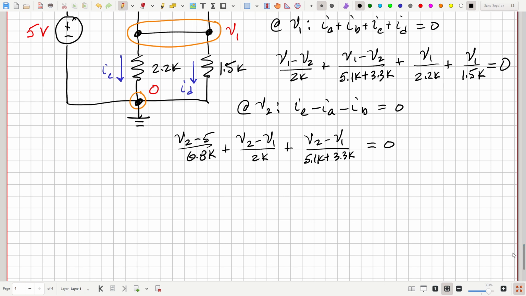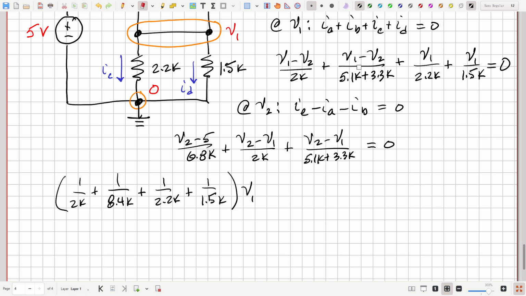All right, so now let's rewrite things. The first equation, we've got 1 over 2K plus 1 over, let's see, 5.1 plus 3.3 is 8.4K, plus 1 over 2.2K plus 1 over 1.5K, times V1.